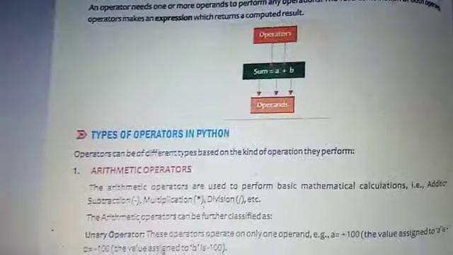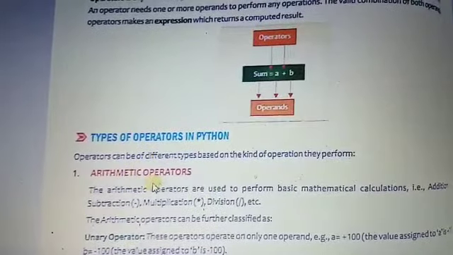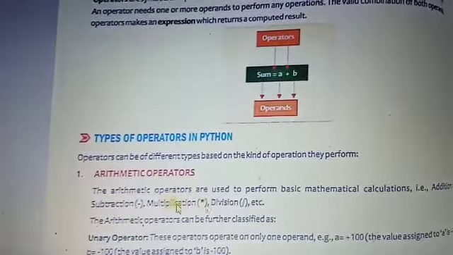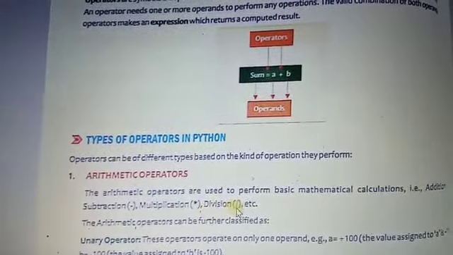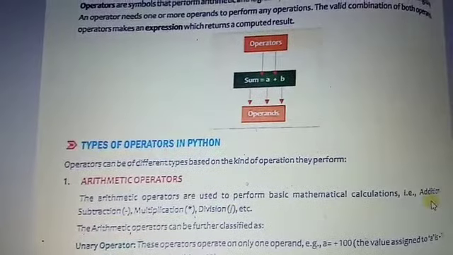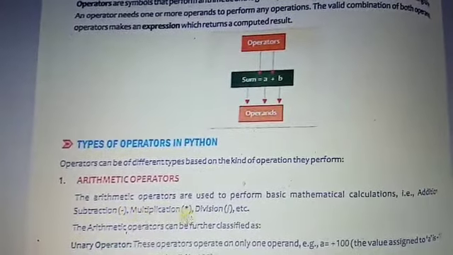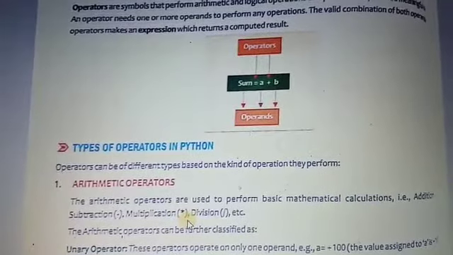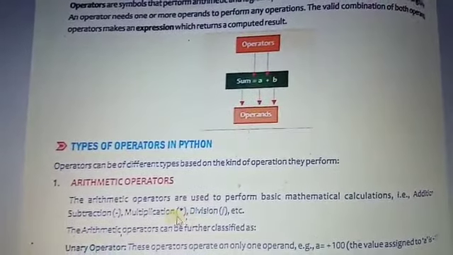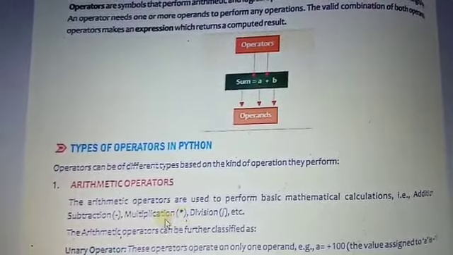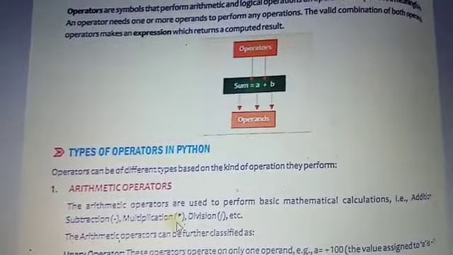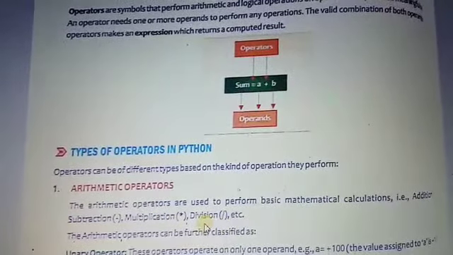First, you will learn the arithmetic operators. You already know plus, minus, multiply, and division. Plus represents the addition operator, minus represents the subtraction operator, the star mark represents the multiplication operator, and slash represents the division operator.